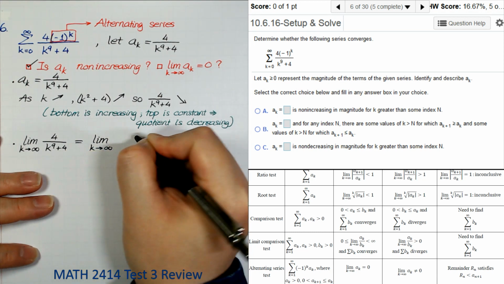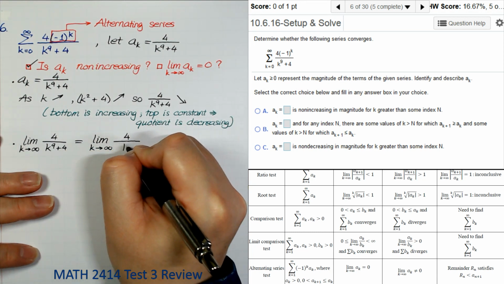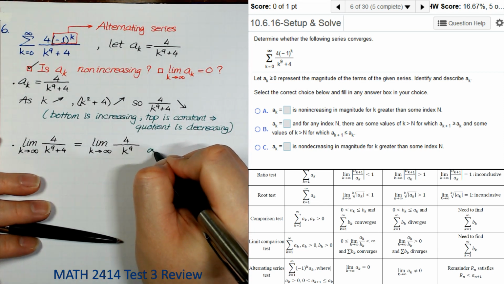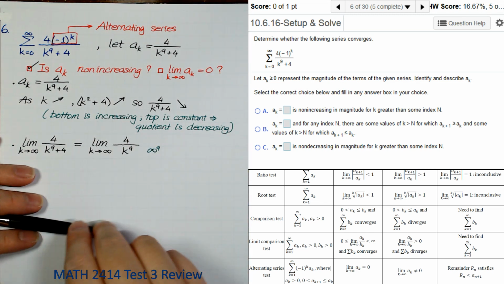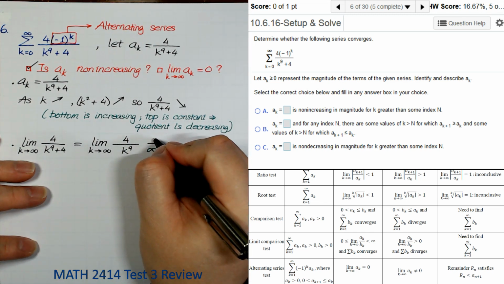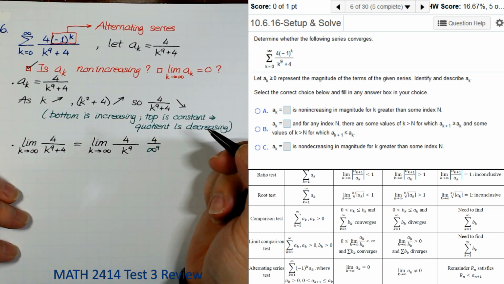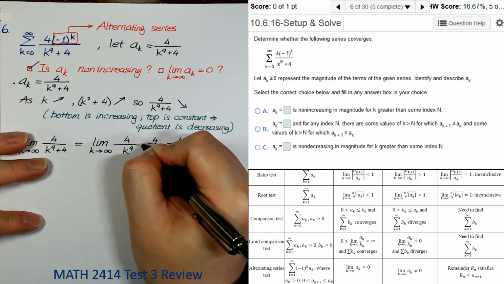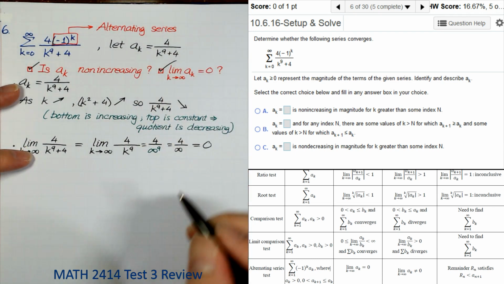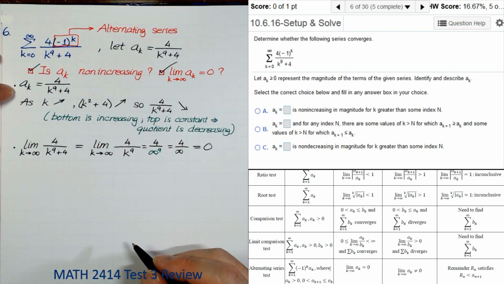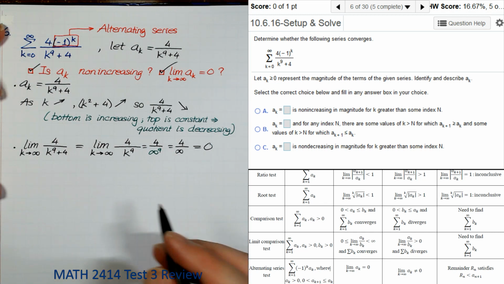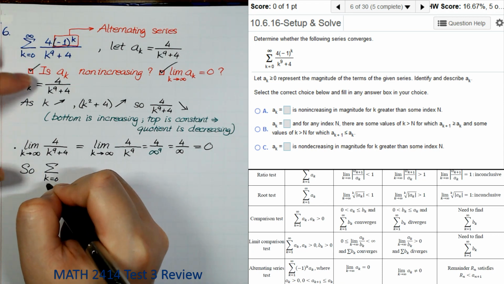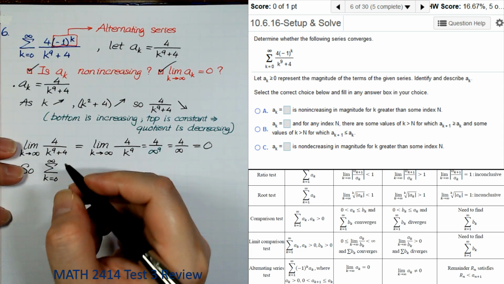As k goes to infinity, take the highest power on the top and the highest power at the bottom, and then put in infinity to the 9. And so we have finite over infinity, which is equal to 0. So that checks as well. Since both conditions are satisfied, we say the series is convergent. If one of them fails, the series diverges.